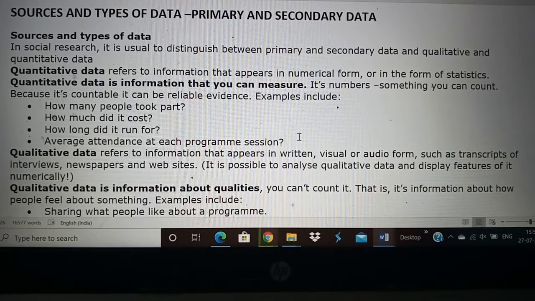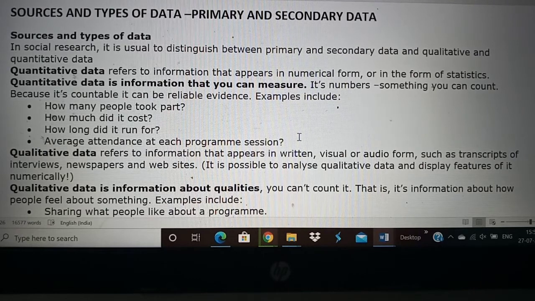For example, how many people took part in a rally, how many people took part in an exam, how much did it cost for treating a leprosy ulcer, how much did it cost for doing a coronavirus test. All these are numbers, and these are the types of data which are called quantitative data. It is based on the word quantity.